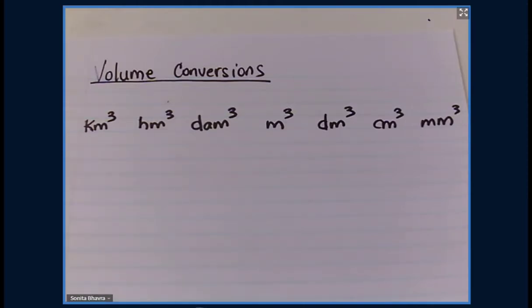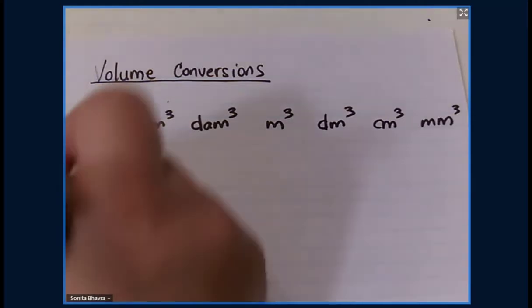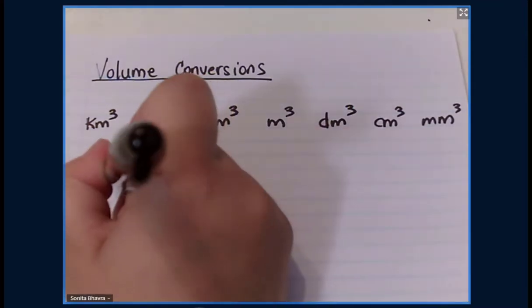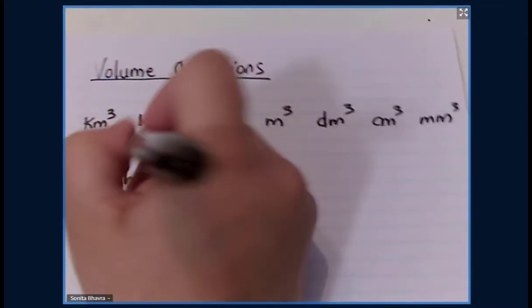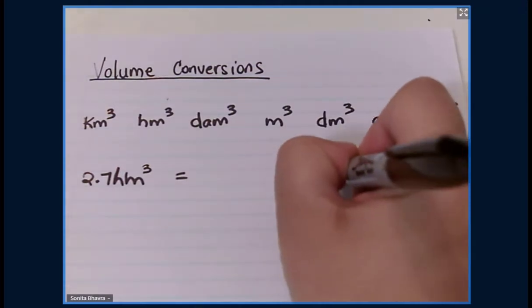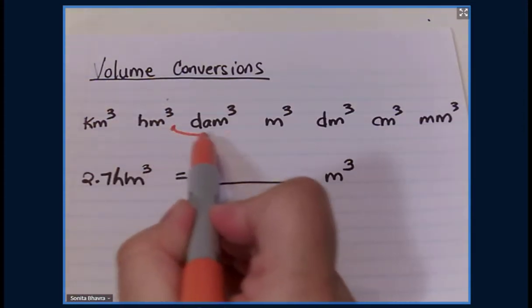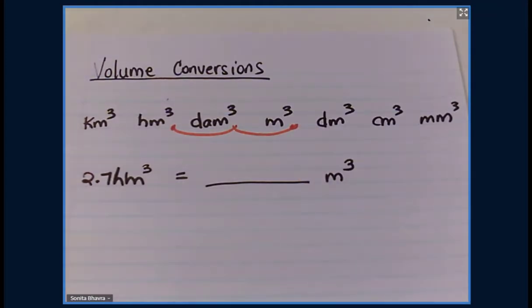So for example, if we have 2.7 hectometers cubed, and we need to convert it to meters cubed. All right, so we're going from hectometers to meters cubed. So we're moving 2 decimal places on our chart, 1, 2. So therefore, you're going to multiply that by 3 because we're looking at volume.